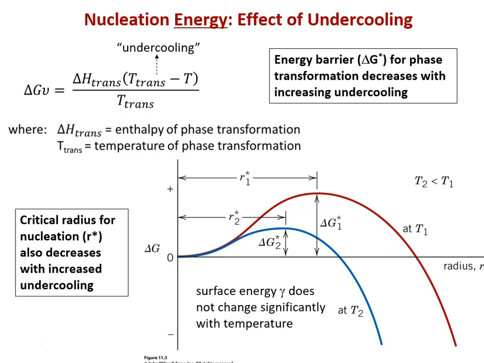That will be related to the enthalpy of phase transformation. Excuse me, this is free energy, it's enthalpy now. Excuse the errors in speaking, please. The enthalpy of phase transformation times the degree of undercooling, which is T transformation, the temperature at which you would have transformed if you cooled infinitely slowly, minus the temperature at which you're actually transforming over the equilibrium transformation temperature.